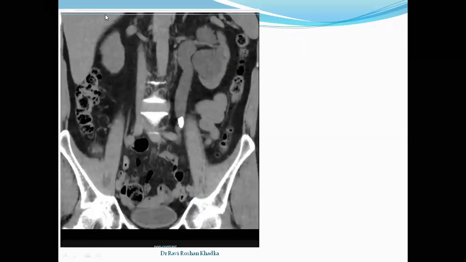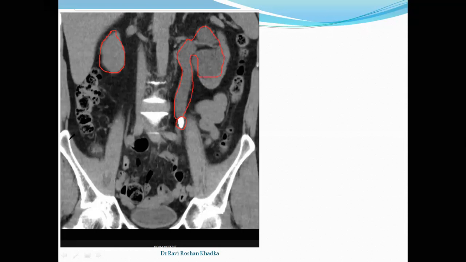See, this is a coronal view. The coronal view means you can see the entire abdomen upside. This is non-contrast because still the kidney parenchyma is not white. That is, there is no dye over there. You can see there is a hyperdense structure with the dilated ureter just above it, including the dilated pelvicalyceal system.